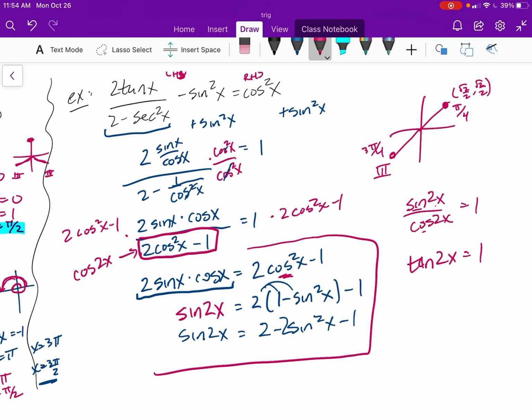Okay, but that is just x, right? We have 2x. So that means 2x equals this pi over 4. 2x equals the 3 pi over 4. And like before, we now really need to think in 0 to 4 pi for 2x, because, I have this backwards, I'm sorry.